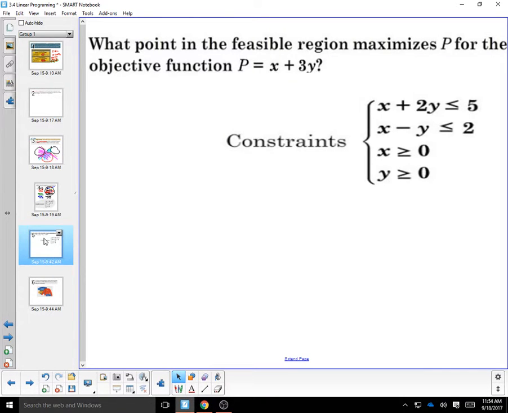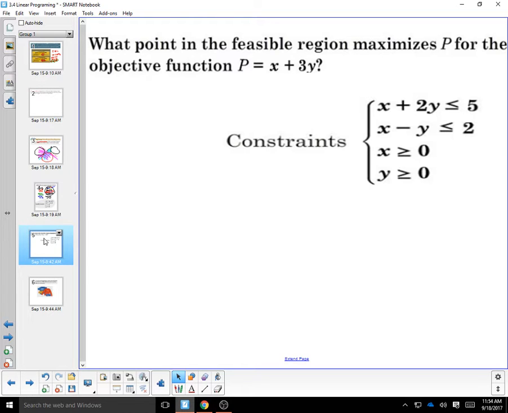Guys, same constraints, which means same coordinates. All I want you to do now is maximize this function up here: P equals x plus 3y. So don't go back and graph it again unless you want that practice. All we're doing is maximizing again. Same constraints, which means same vertices, right?